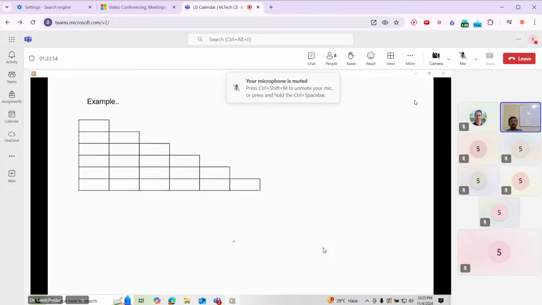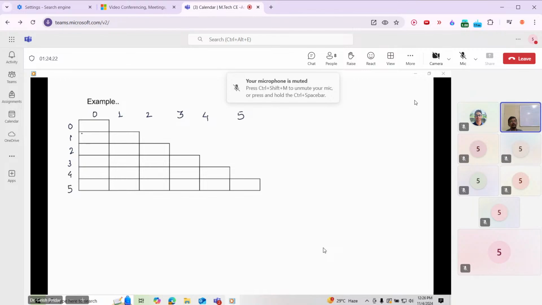So first let us consider an n by n matrix. This is my 0th column, first column, second column, third column, fourth column, and fifth column. One extra we will be taking, n plus 1. Similarly, rows 0, 1, 2, 3, 4, and 5.